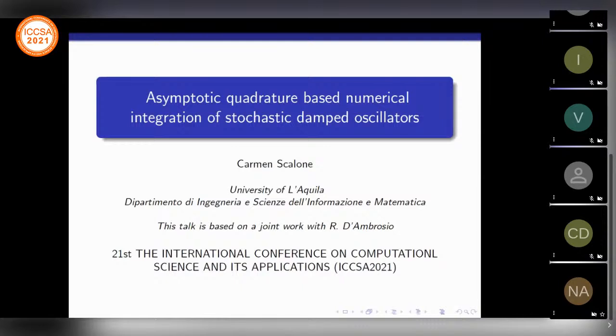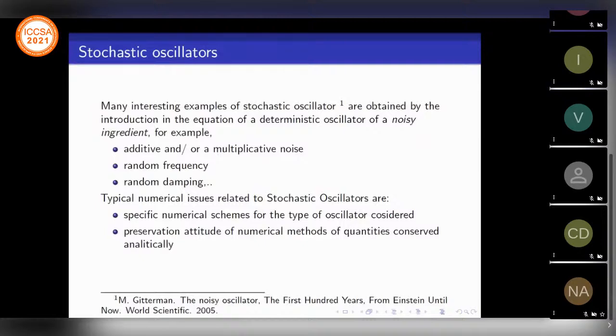Okay, so thank you very much for the introduction. Let me just mention that this talk is based on a joint work with Raffaele D'Ambrosio, also from L'Aquila. We are interested in stochastic oscillators.